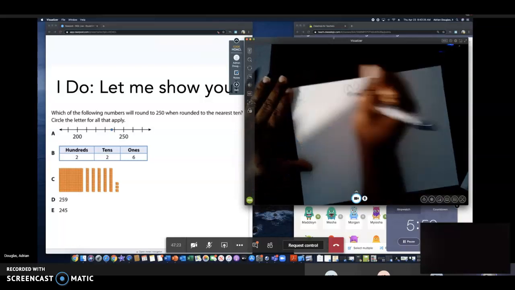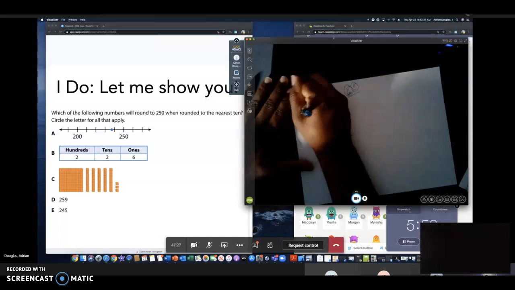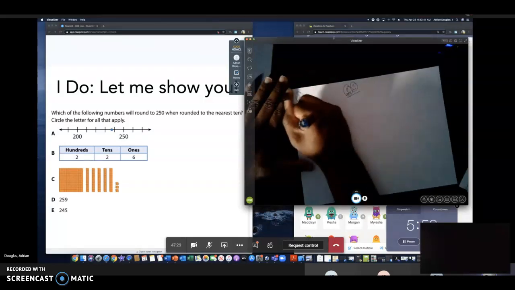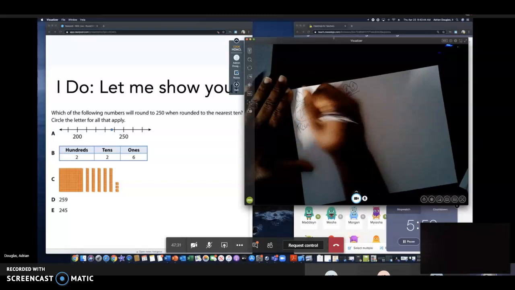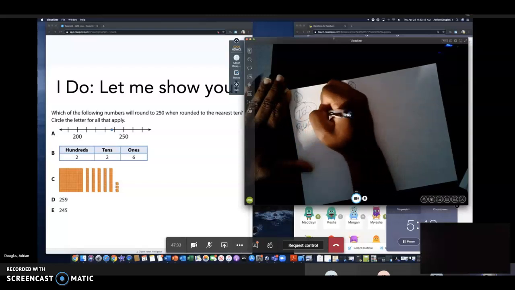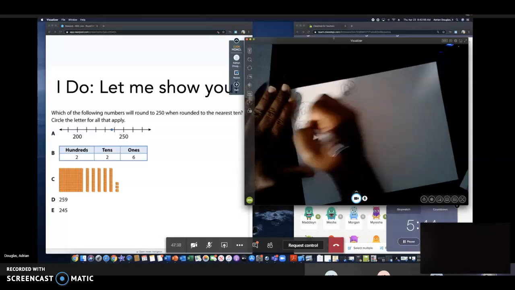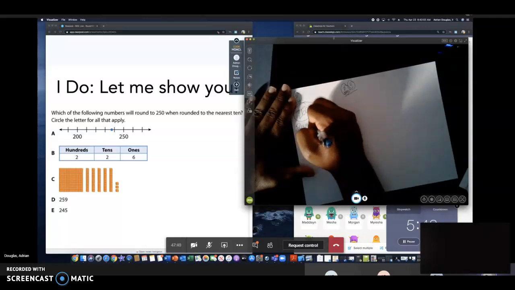When I see 250, that's something I'm going to circle. And I'm going to put round to the nearest 10.